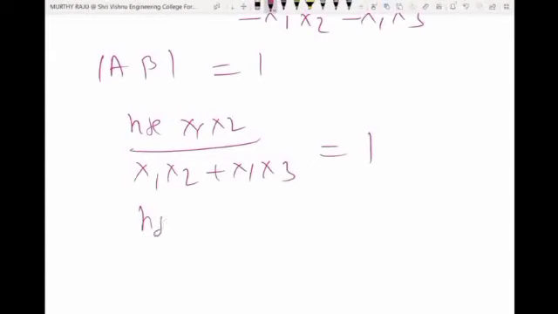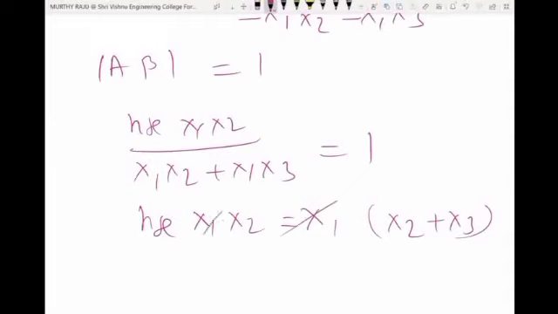H of e x1 x2 is equal to x1 into x2 plus x3. X1 cancels. Therefore, h of e x2 is equal to x2 plus x3.